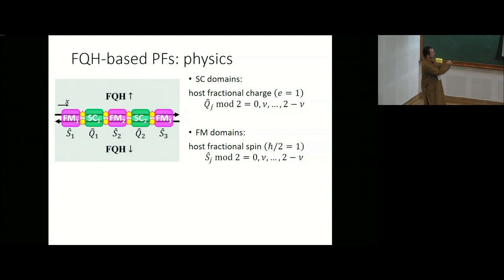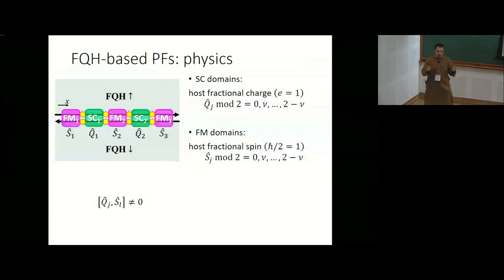So this system is a topological system. It has topological degeneracy. Its ground state is degenerate, and the degeneracy corresponds to fractional charges or fractional spins inside of these domains. To make things interesting, these charges and spins do not commute.